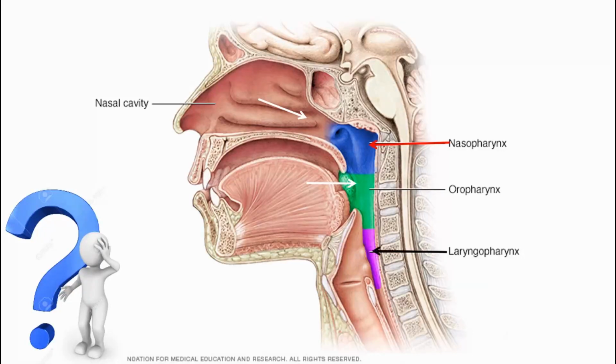And the lowest part of the pharynx is called the laryngopharynx. It is posterior to the larynx, and it opens into the beginning of the respiratory passages, and that is the larynx or the voice box.